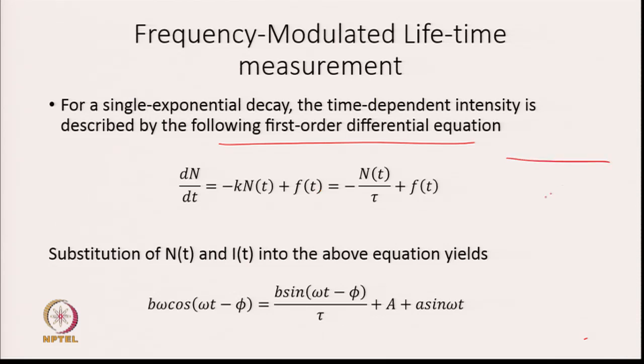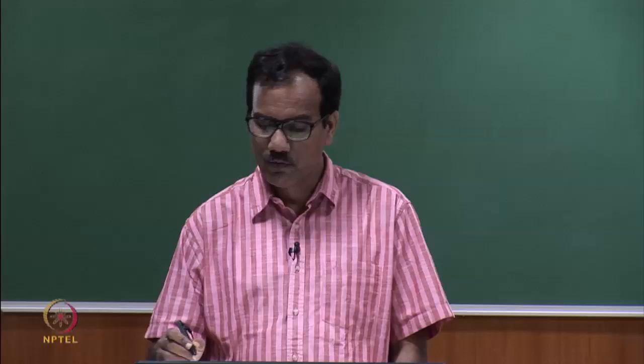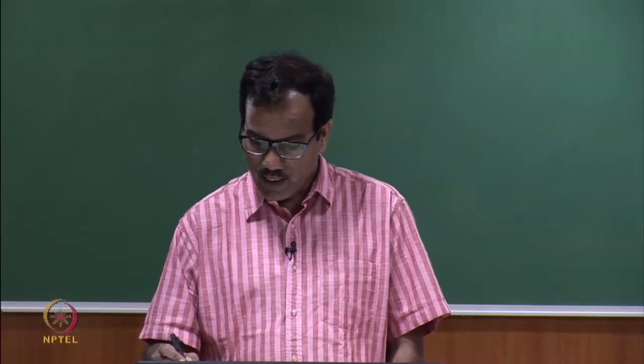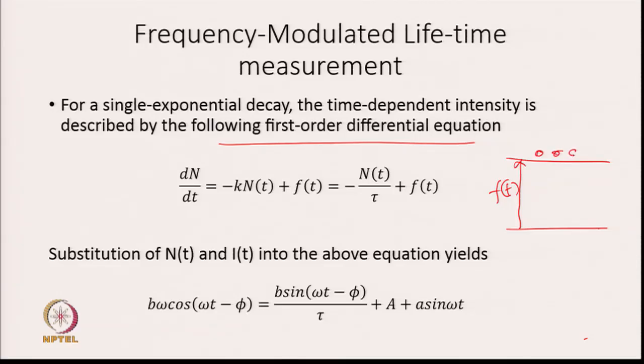And if you remember what we are talking about, this is your Ft, which basically increases the number of fluorophores in the excited state, and this is the Nt, which is the number of fluorophores in the excited state.